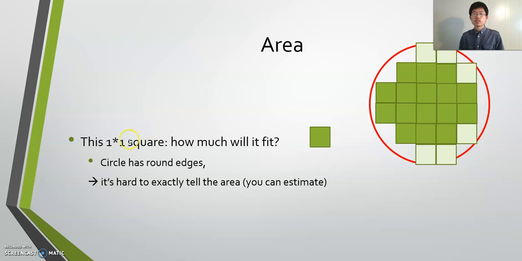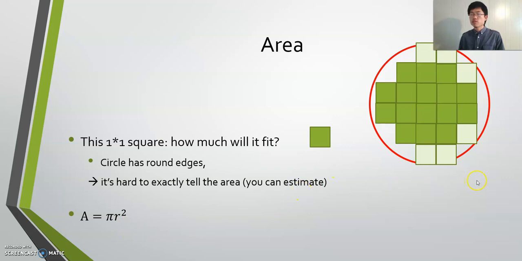In that video I said area is how much space is inside a figure, measured in 1 by 1 squares. Now, a circle's surroundings are circular, so it's going to be hard to put squares in it and tell exactly how much the area is. You can estimate those, but you cannot give the exact value. To do so, you have to use this: A equals pi r squared.